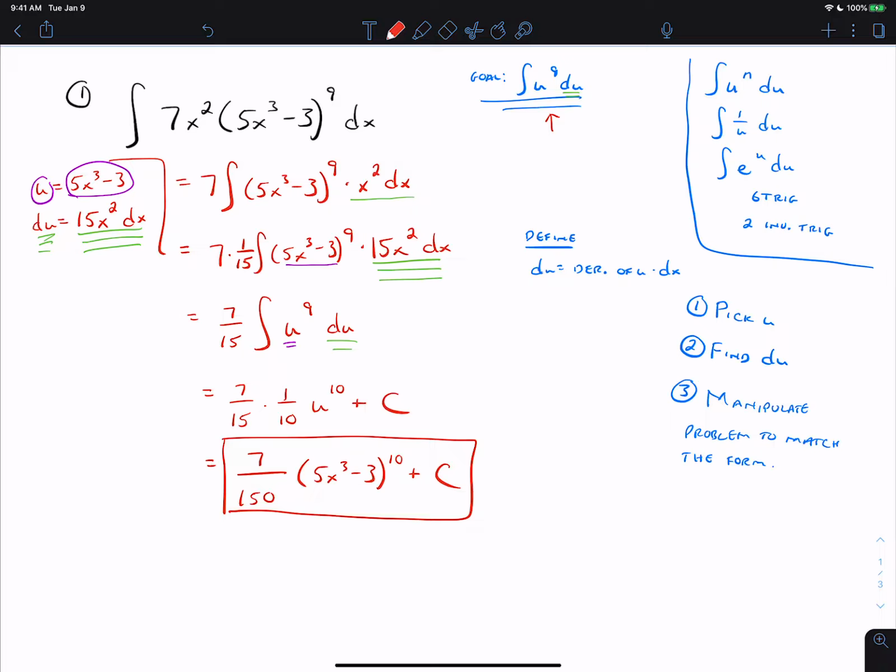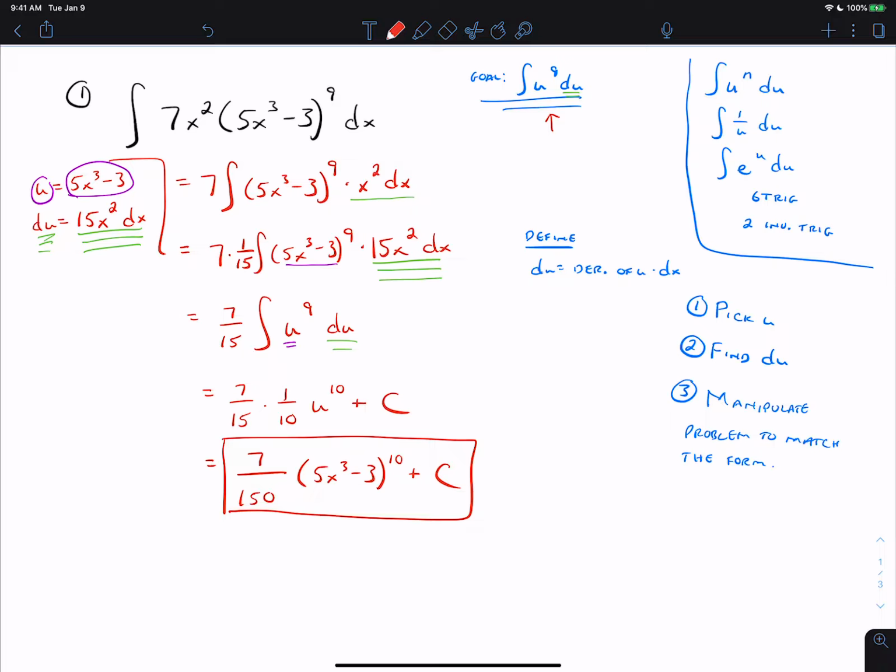So we first pick u, we figure out based on that what du is, and then we manipulate the problem to match the form that we want, one of the 11 forms that we're using all the time. There's 3 basic ones I've got on the top right, the 6 trig, and the 2 inverse trig. Once we get it to match that form, you then apply the rule.